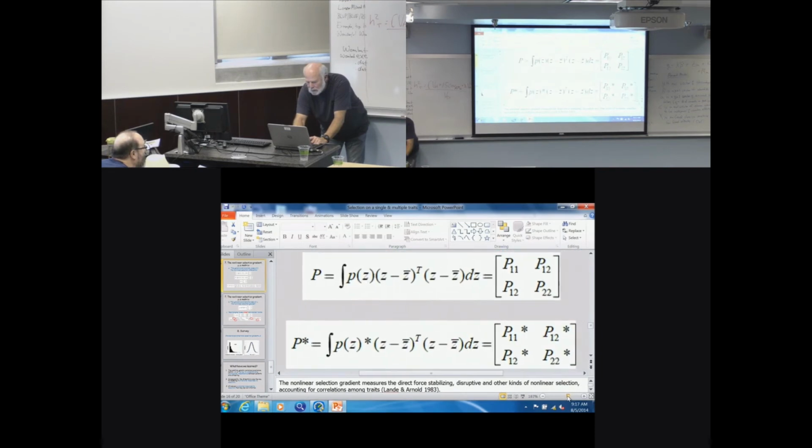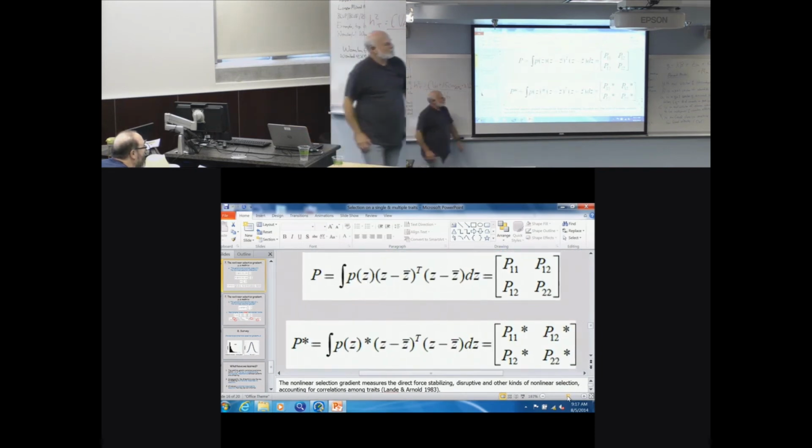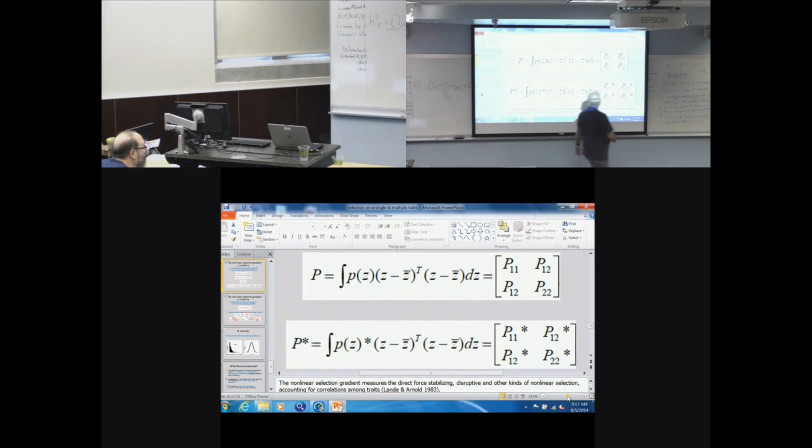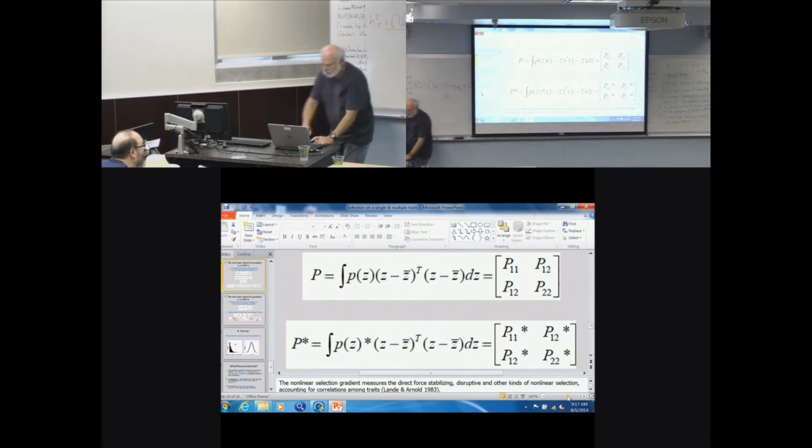You can see this across the internet. Okay, so here's P and here's P star. We're looking at the matrix representations, the integral representations. And now we're going to take the difference between these and look at C.